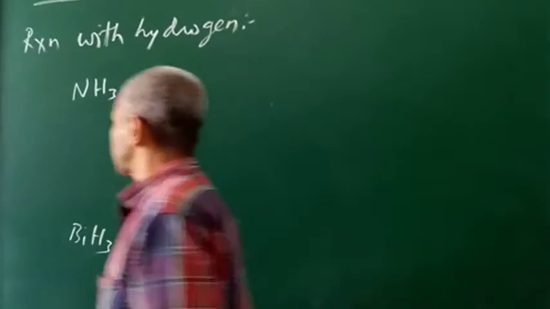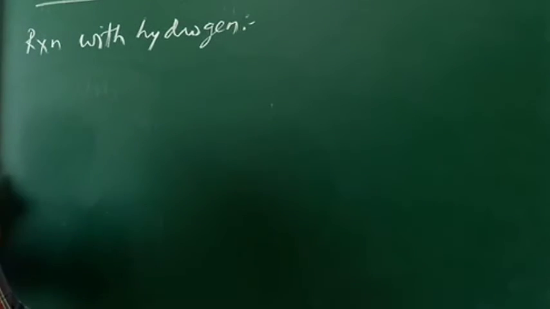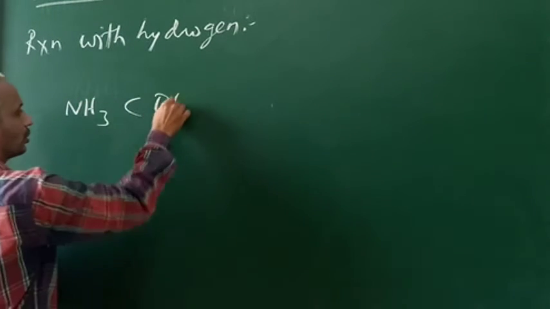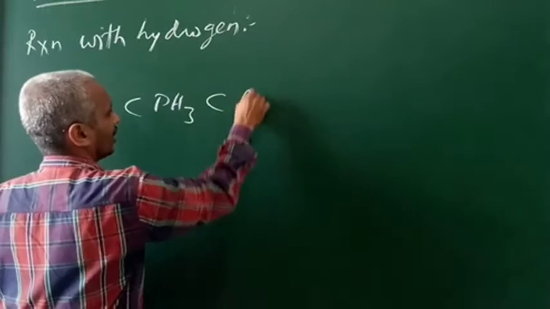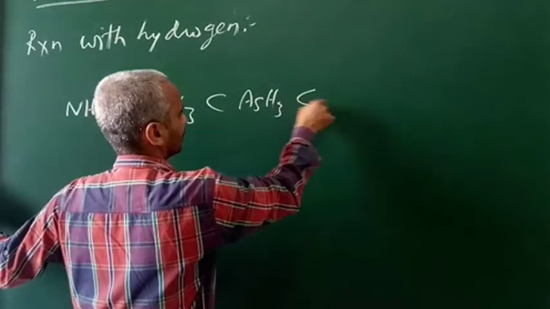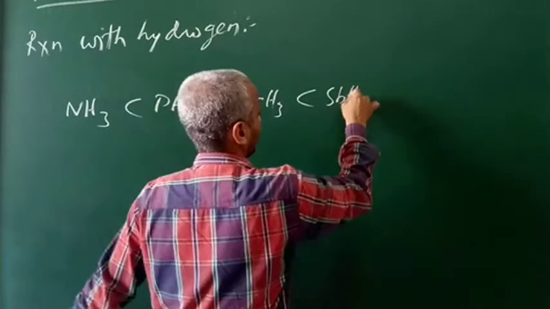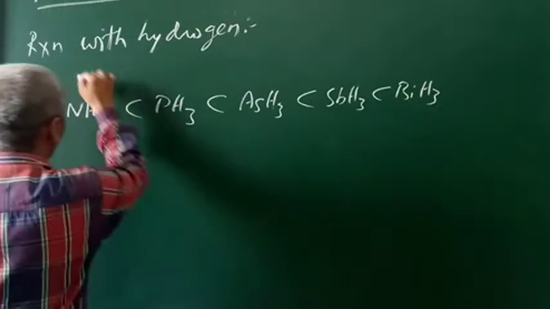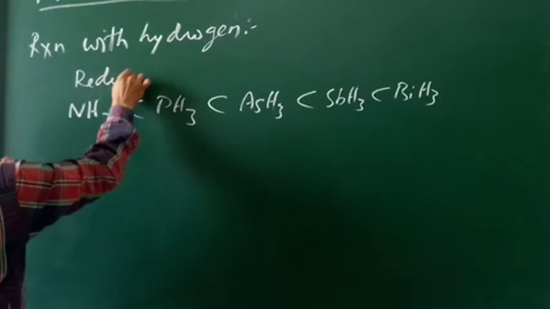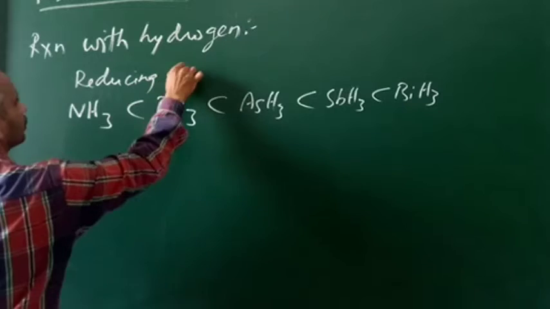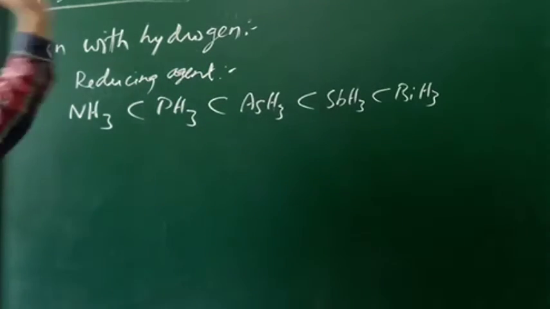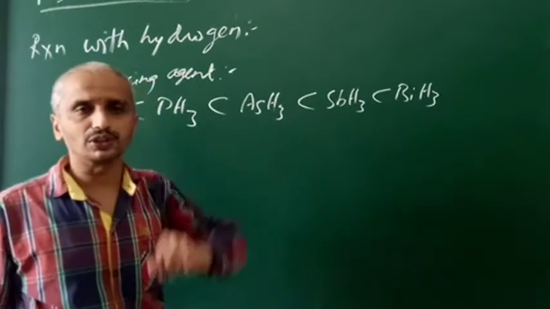So the reducing action: NH3 is less than PH3, less than arsenic hydride, less than antimony hydride, less than BiH3. This is the reducing agent property. Note this property. The strongest is BiH3. Remember this.